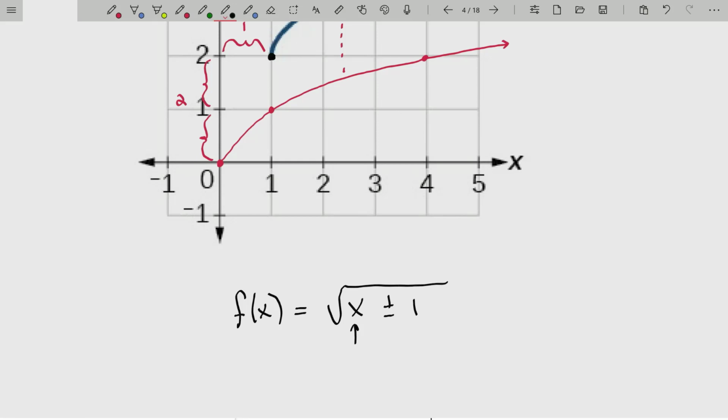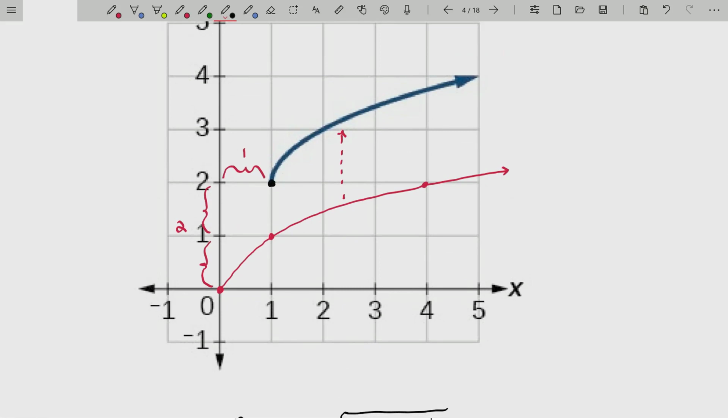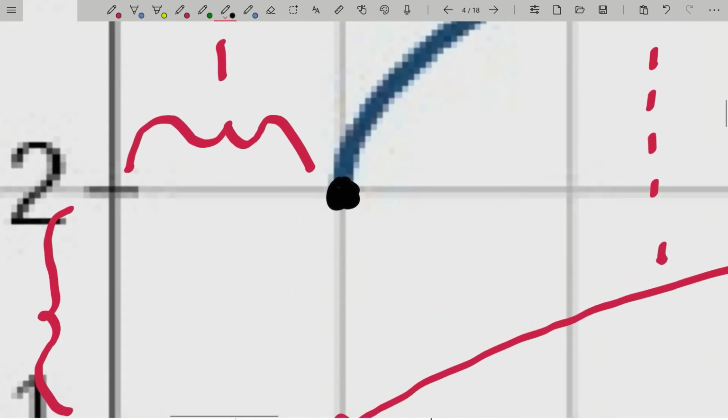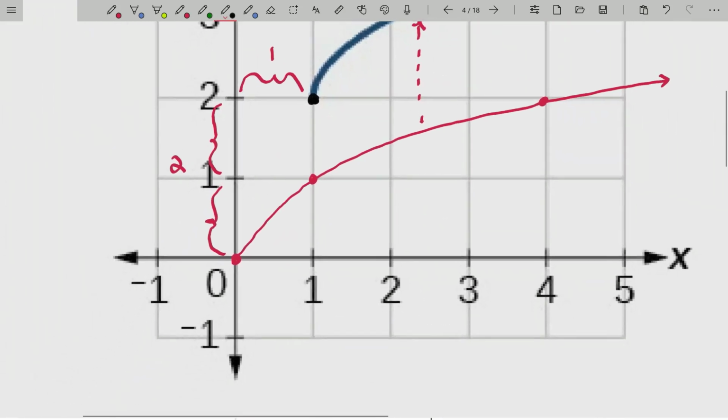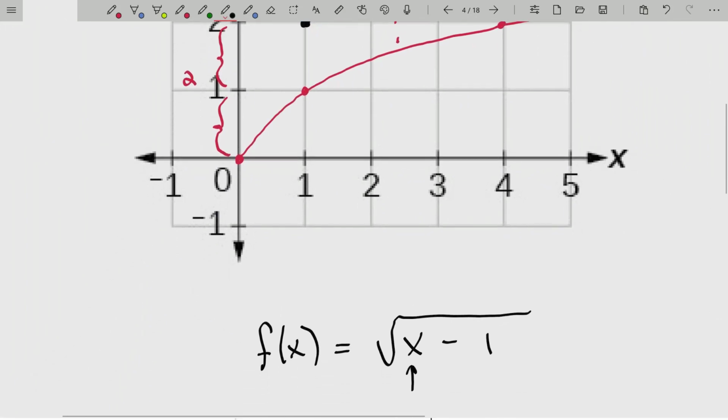So that means that it's going to be an x minus 1 because, again, shifted to the right 1 unit means that your vertex, I guess, or your starting point for graphing is at x equals 1. And as I mentioned earlier, that means when you plug 1 into your argument, you want the entire argument to become 0. So that's why it's an x minus 1.